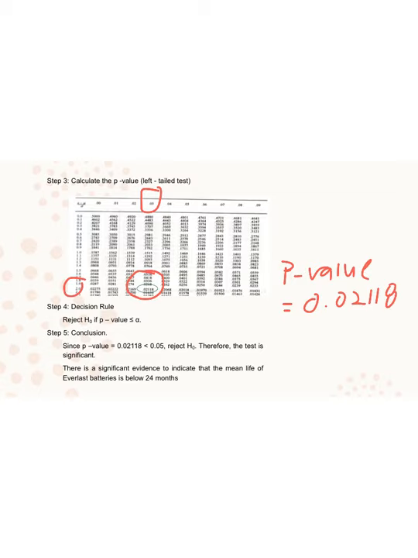So, we will reject the null hypothesis for this example lah. Sama lah kalau kita guna classical approach pun, we gonna have the same decision. Okay, tapi yang ni guna p-value. Okay, p-value kita kurang 0.05, we will reject the H0. Therefore, the test is significant and we can conclude that the mean life of Everlast battery is below 24 months.